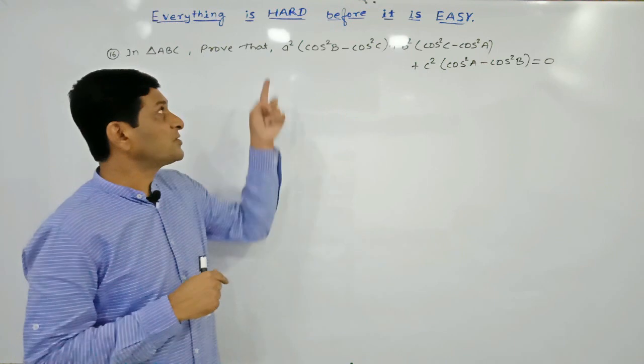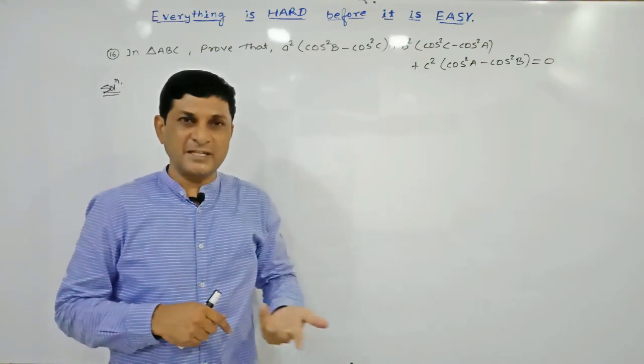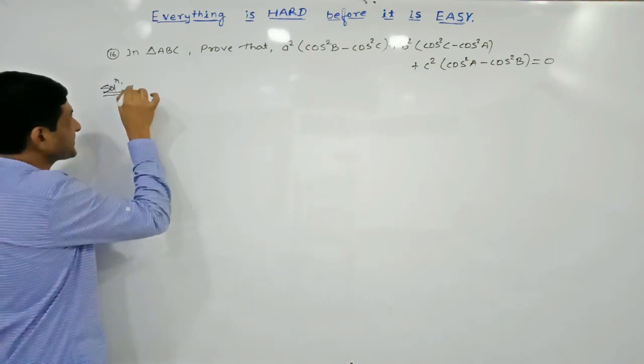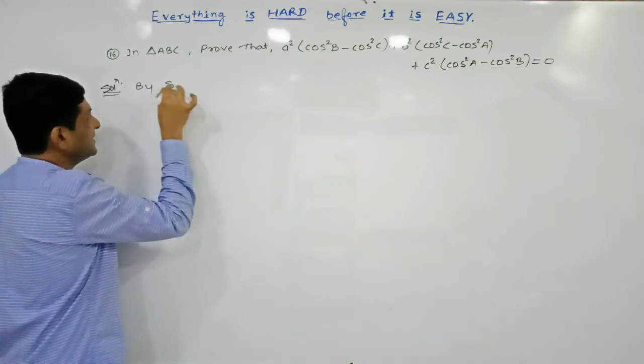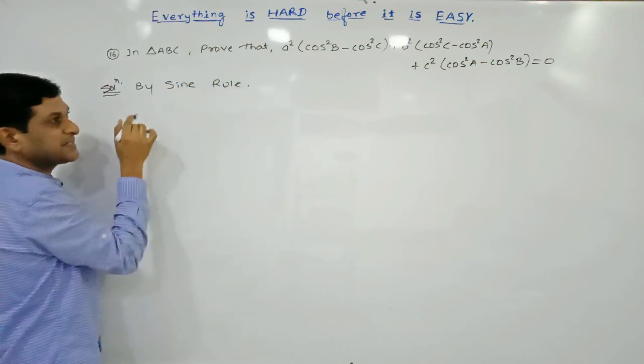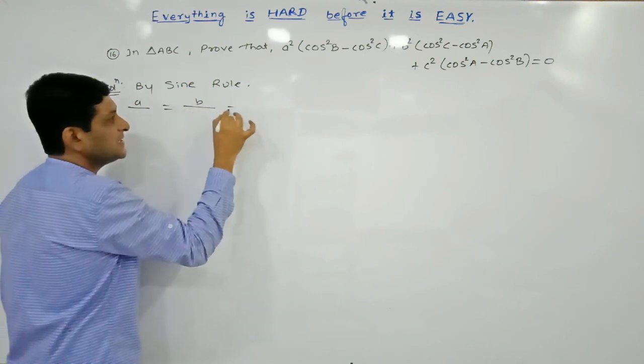For that purpose, first we will convert small a, small b, small c in terms of sine, using the sine rule. So first write down the sine rule here. By sine rule, since we are converting a, b, c in terms of sine, in the numerator write down a, b, c.